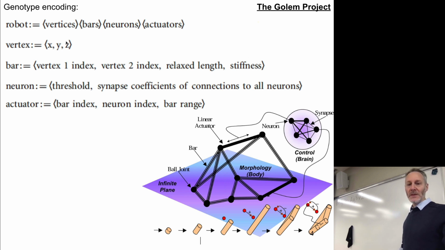The last piece that we ended with last time, the 4th and final list, is a list that specifies all the actuators that make up the robot. These are slightly different actuators from what you've seen before. A description of an individual actuator specifies some bar inside the body of the robot. So we pick a bar. It also specifies a neuron.